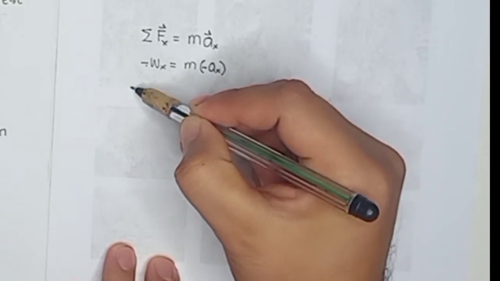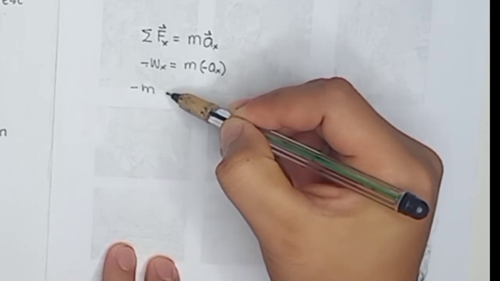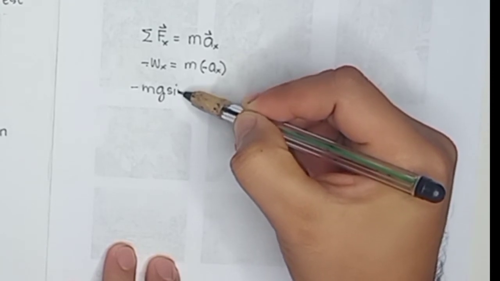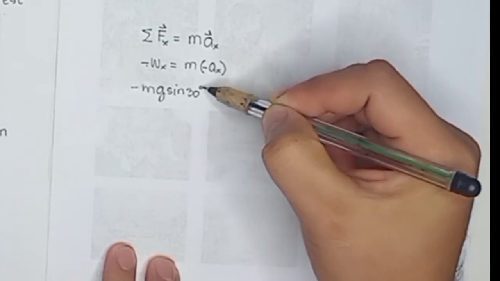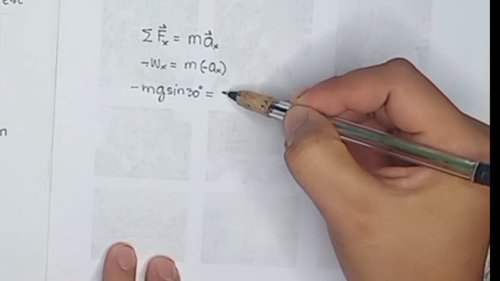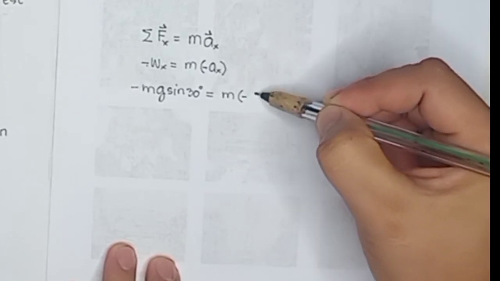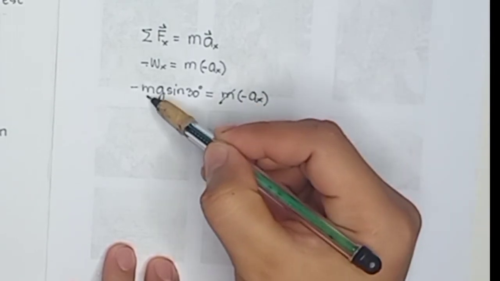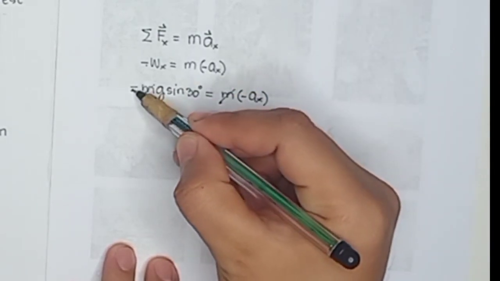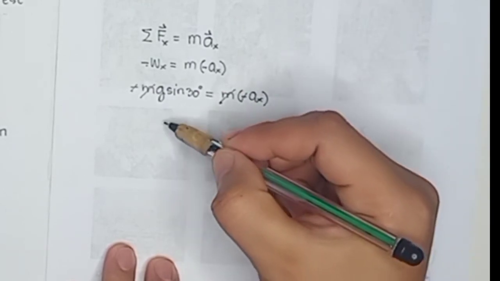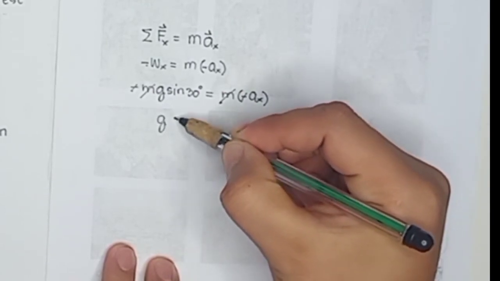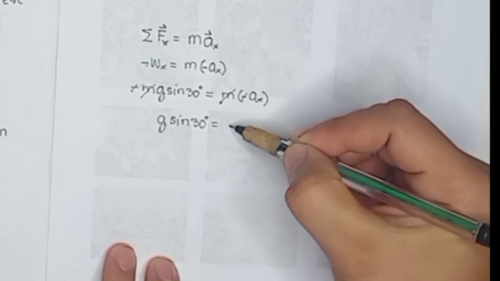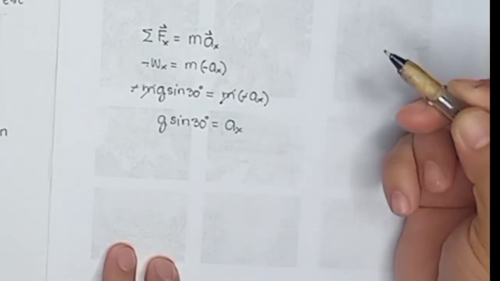So this is equal to negative m times g times sine of the angle 30 degrees equals m times negative ax. We can cancel m on both sides as well as the negative signs. So we have g times sine 30 degrees equals ax.